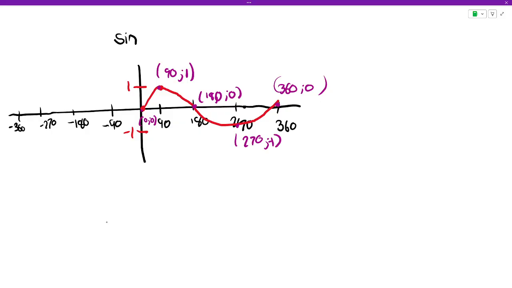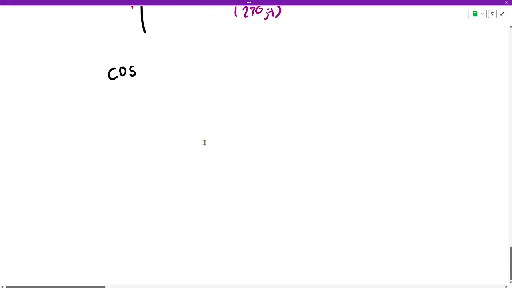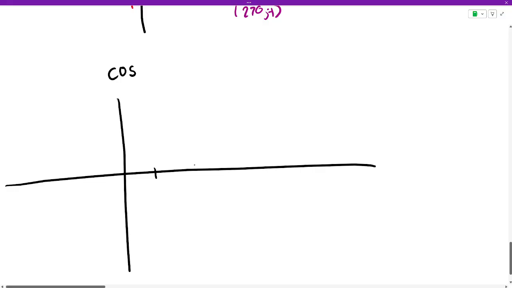Now, cos is quite similar, except it doesn't start at 0, 0.